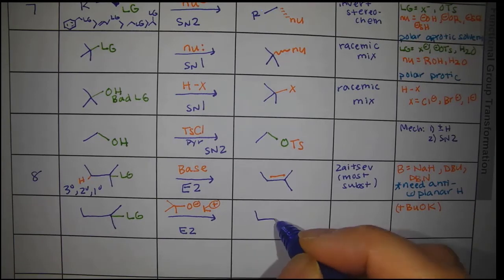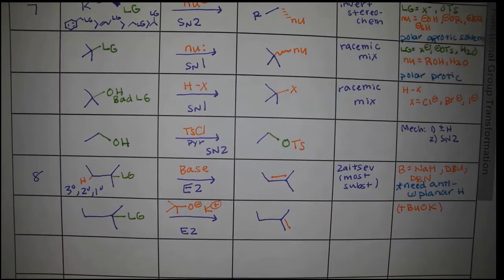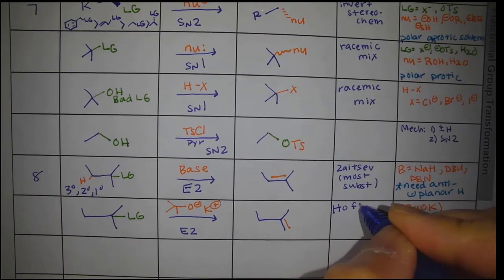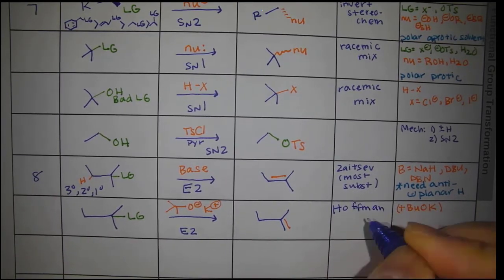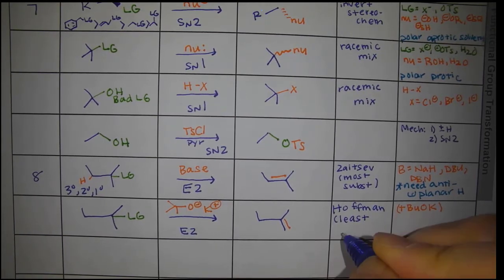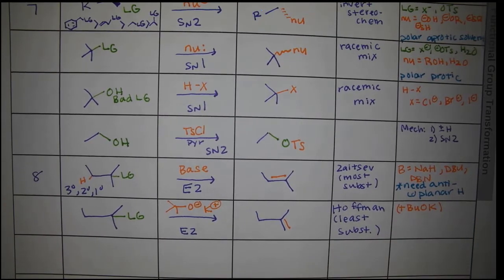And that is going to go for the least substituted alkene. This is the Hofmann product. Any questions on that reaction?